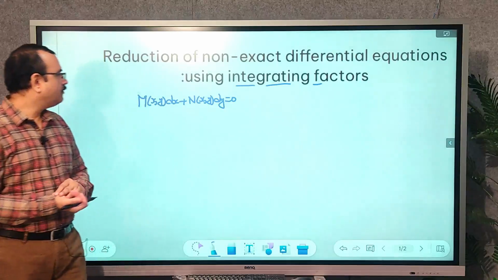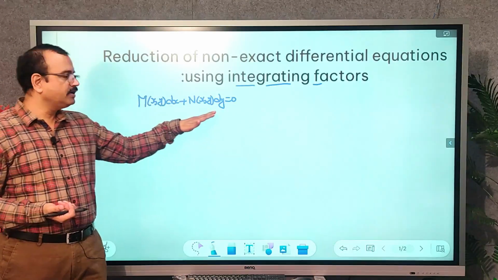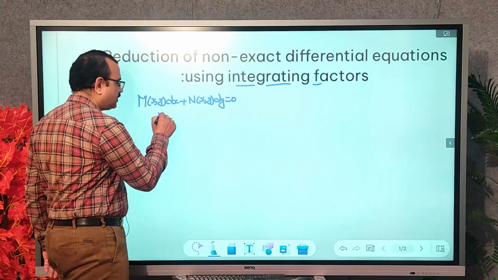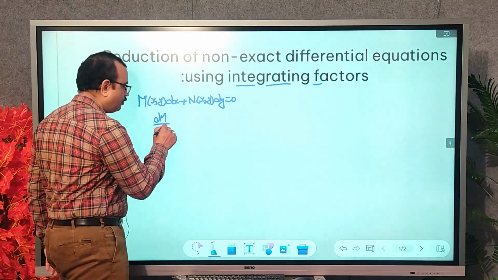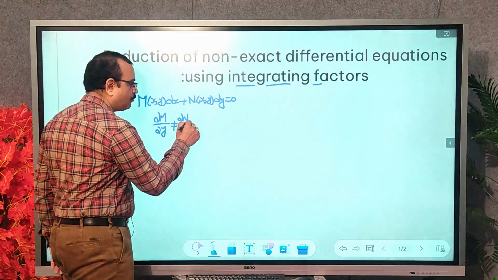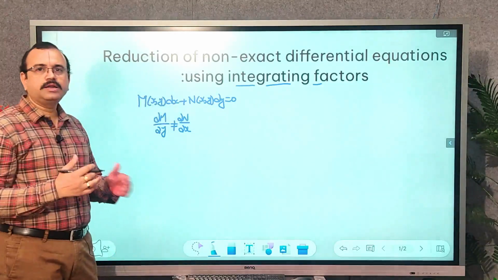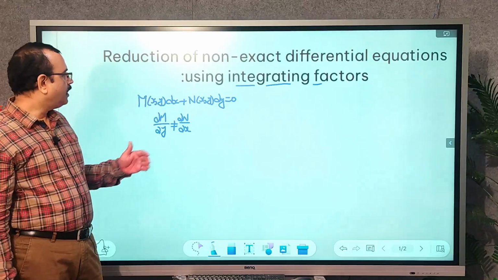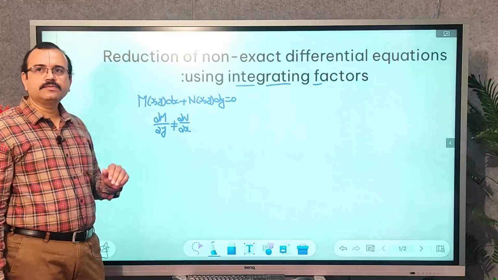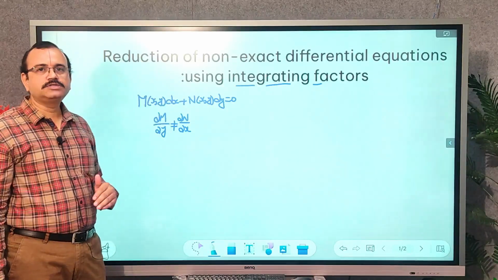Now whenever we identify an equation of the form M dx plus N dy is equal to 0 and it is not exact, in the sense that ∂M/∂y is not equal to ∂N/∂x, then we have to identify a proper integrating factor, and by multiplying the given DE with that integrating factor, we can convert the given DE into an exact differential equation.